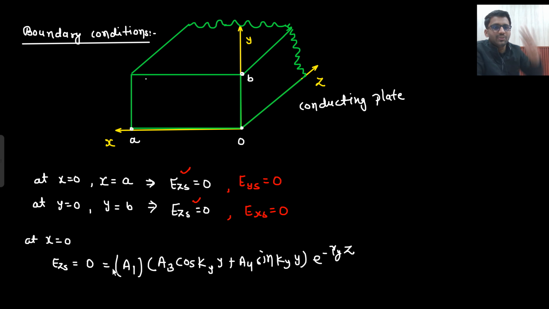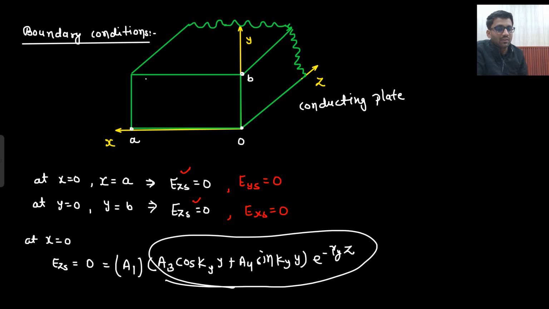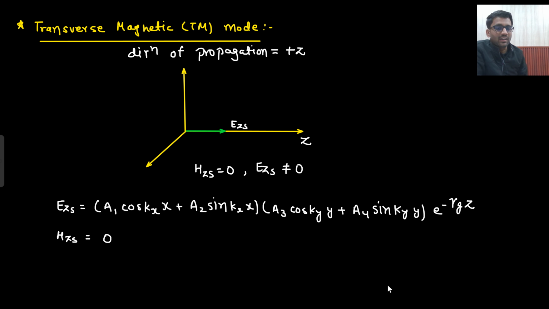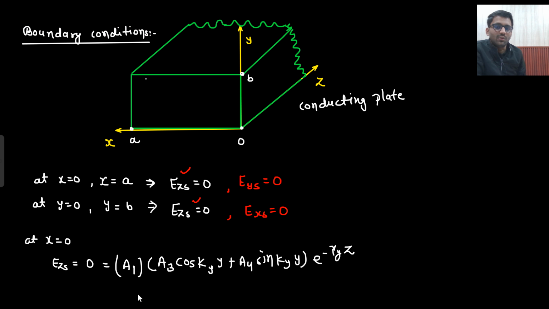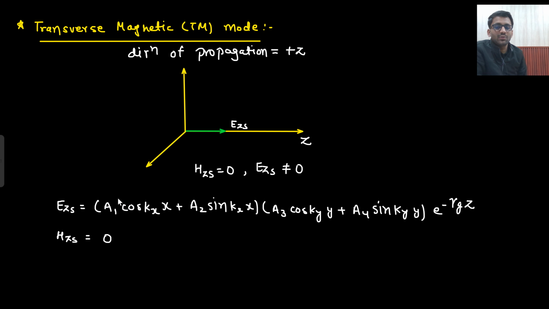But certainly A1 has to be 0, because if A1 is 0, then only this expression can go to 0. I am getting the A1 value after putting the boundary condition here at x equals to 0. So A1 has to be 0. Say yes or no. First conclusion, very important conclusion, that my A1 is coming out to be 0. So that cosine term will be gone.